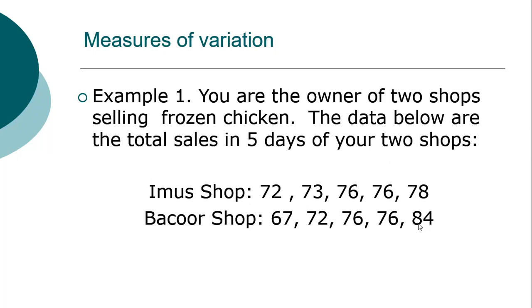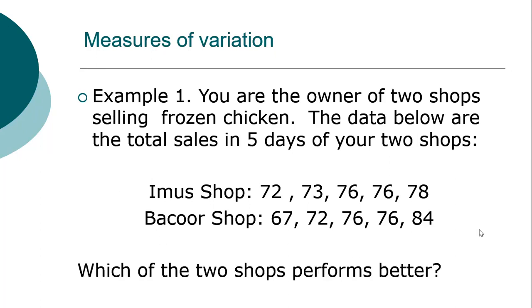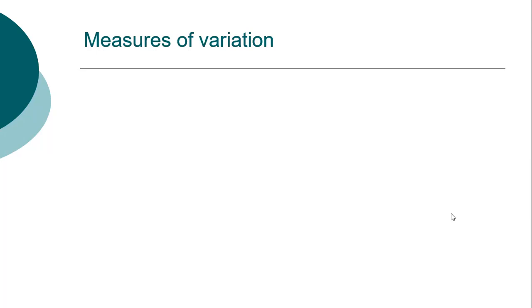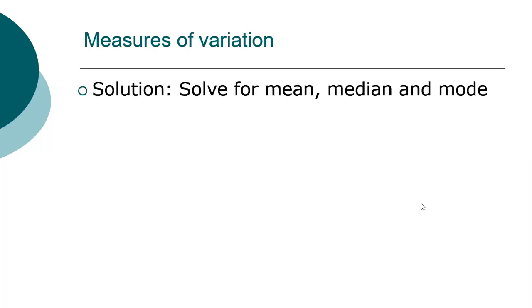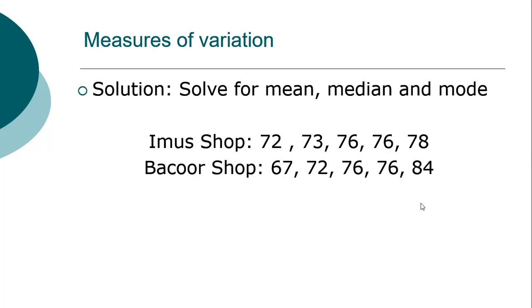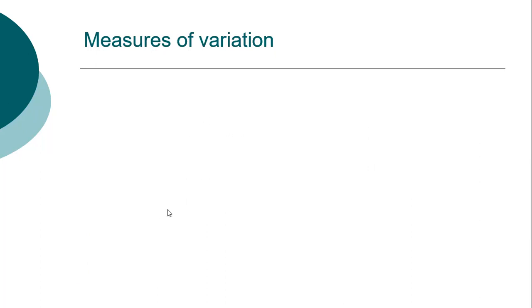Now, if we use the first measure of central tendency, i-compare natin kung pwede ba natin i-compare sila using the measure of central tendency. That is the first calculation that we will be using, solving for the mean, median, and mode sa Imus.